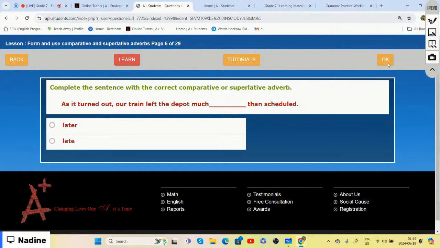All right, and if we were to identify the correct one, we will say, as it turned out, our train left the depot much later than scheduled.